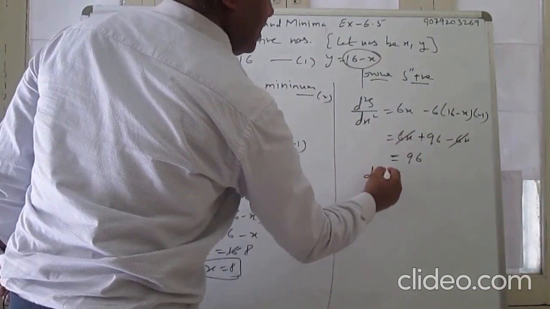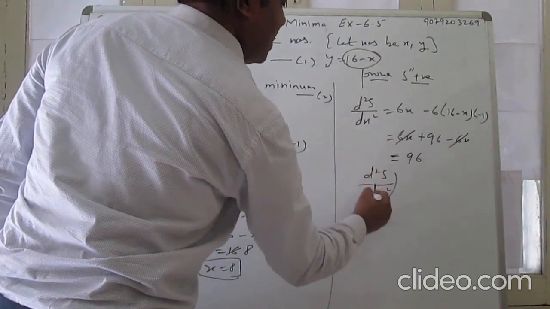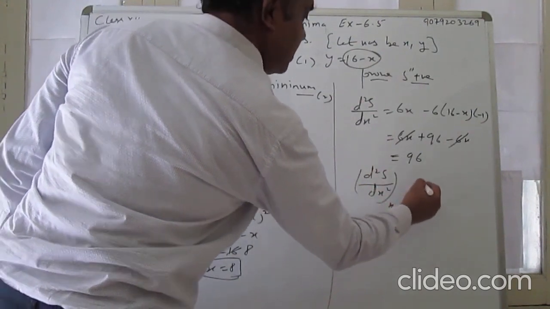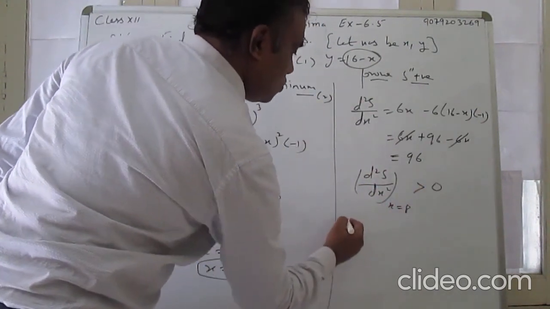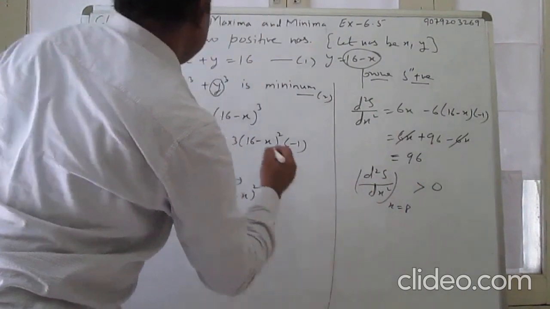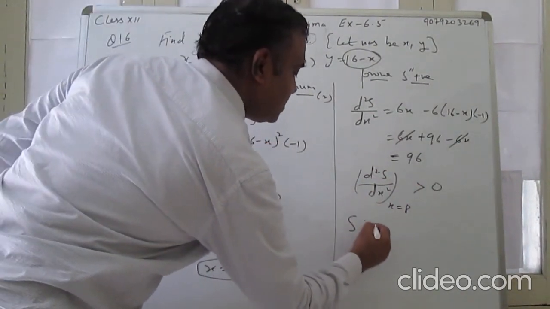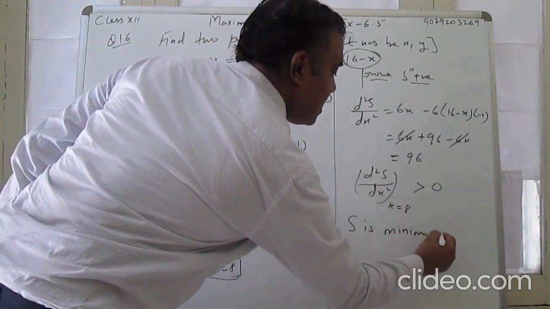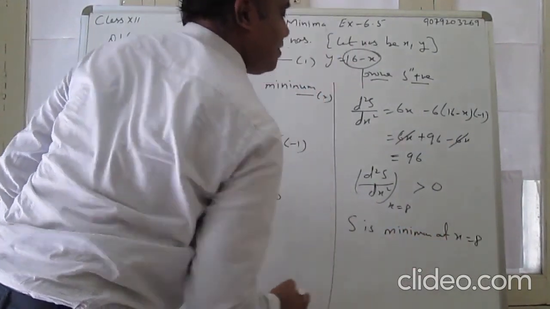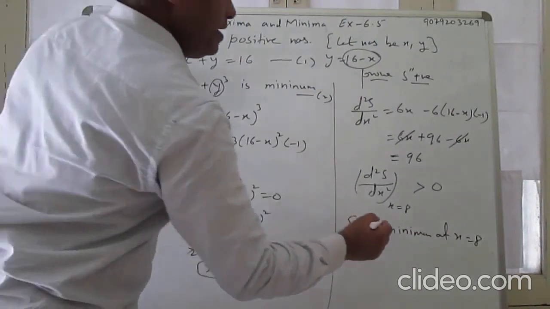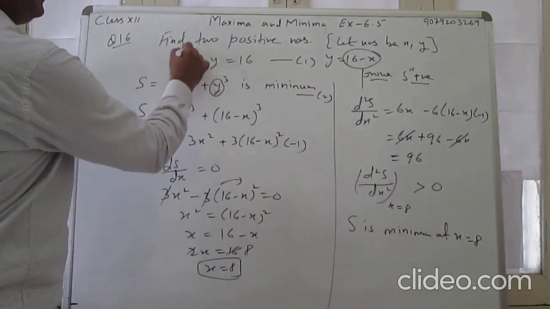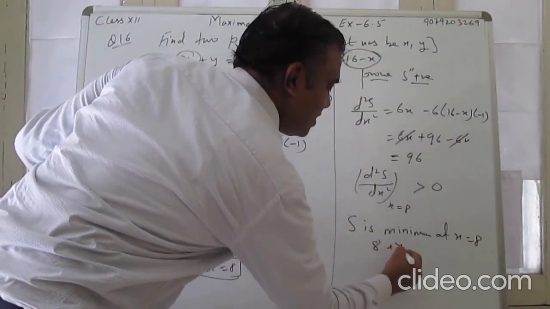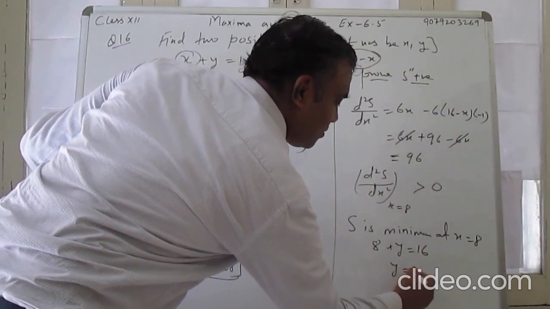So we see that d2S by dx square at x is equal to 8 is greater than 0. So S is minimum at x is equal to 8. Put x is equal to 8 in the first equation: 8 plus y is equal to 16, y is equal to 8.